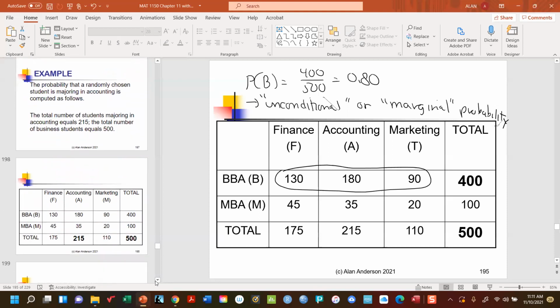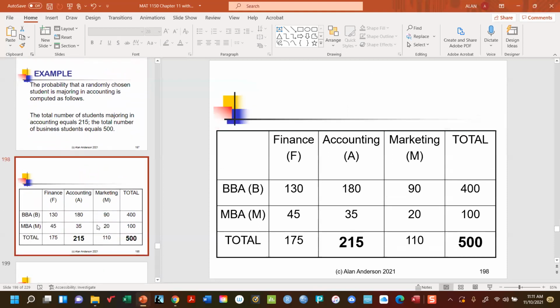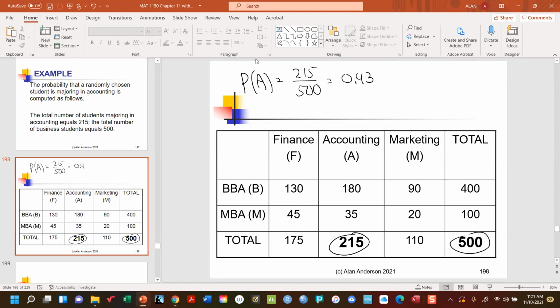All right, well, let's look at the chart. The probability of A, just A, is 215 out of 500, which is 43%. And that's it. That's all there is to it.